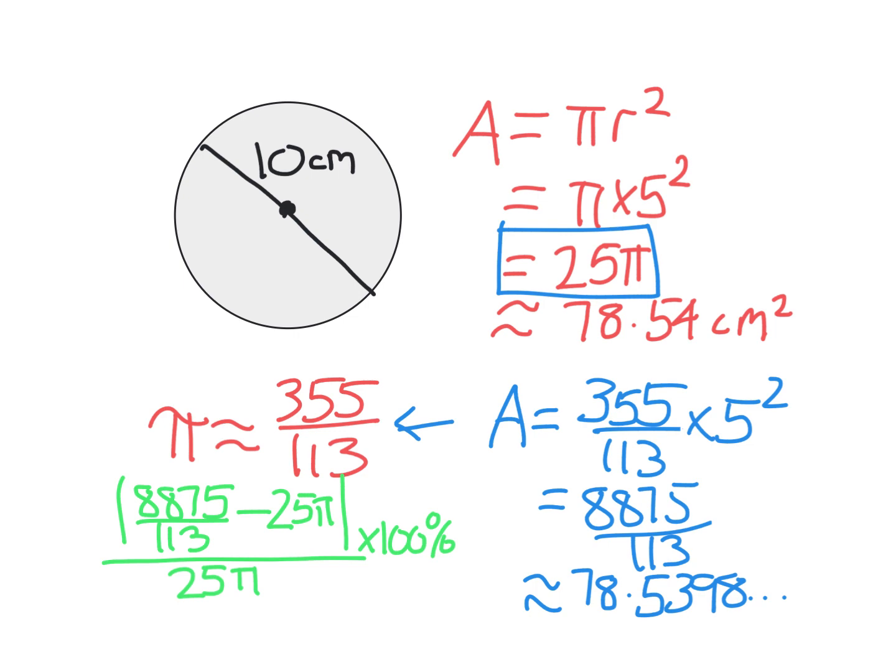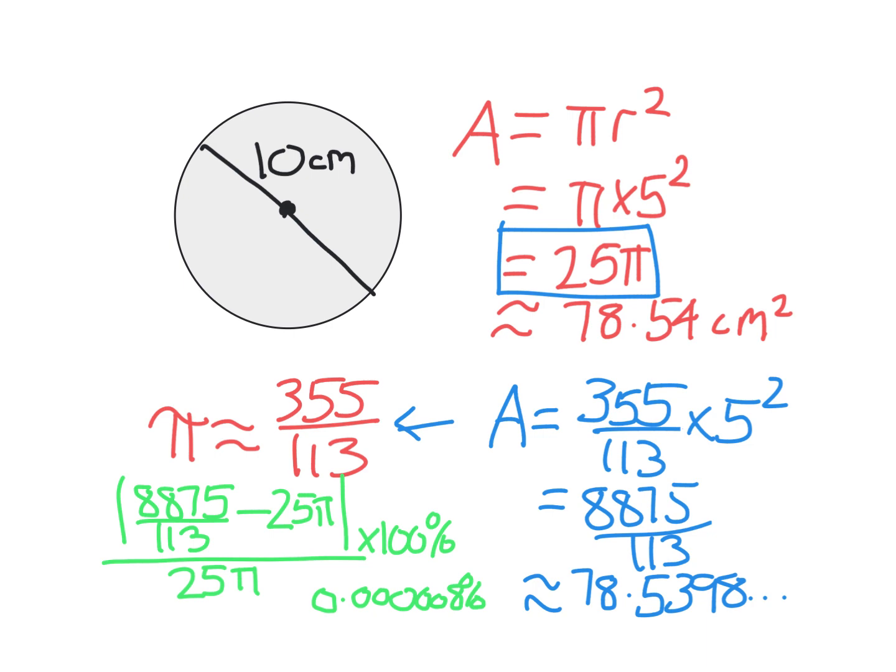So if we actually put that on our calculator, we get a very small number: 0.508%. The error in the area is very low as a percentage, and this would be acceptable for most cases. So not only do irrational numbers come up everywhere in geometry, so do rational approximations to irrational numbers.